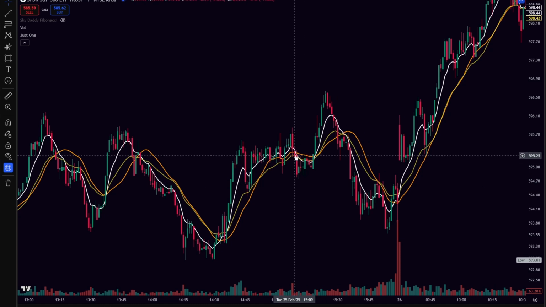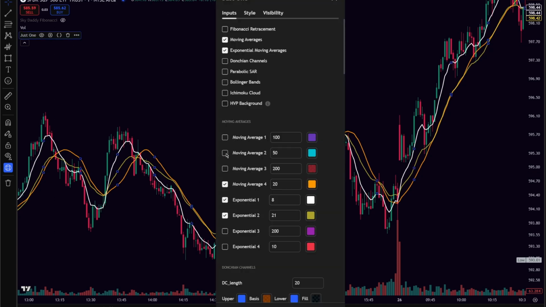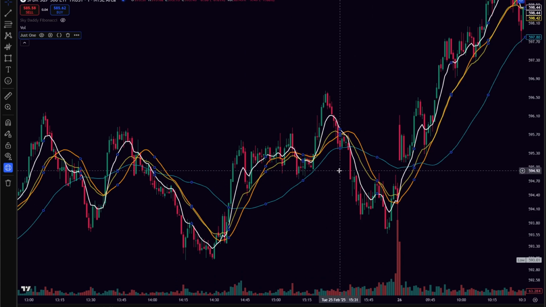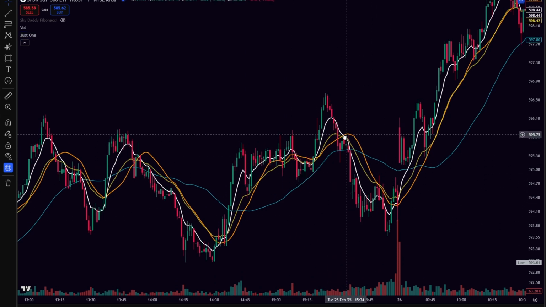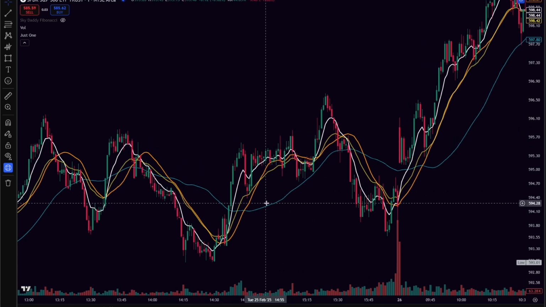Now, that doesn't mean that this trend is over. What I saw was this, and I saw this cross here, right? Now, if we pull up the 50 moving average, we have the 50 moving average still pointing up, right?